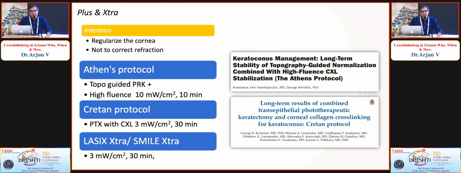And lastly, this is putting the refractive surgery part into the C3R, where the attempt is not to remove the power, but to regularize the power and improve the BCVA. The most popular protocols are the Athens and the Cretan protocols. In Athens, they use topo-guided PRK, and in Cretan, they use PTK along with the conventional C3R.